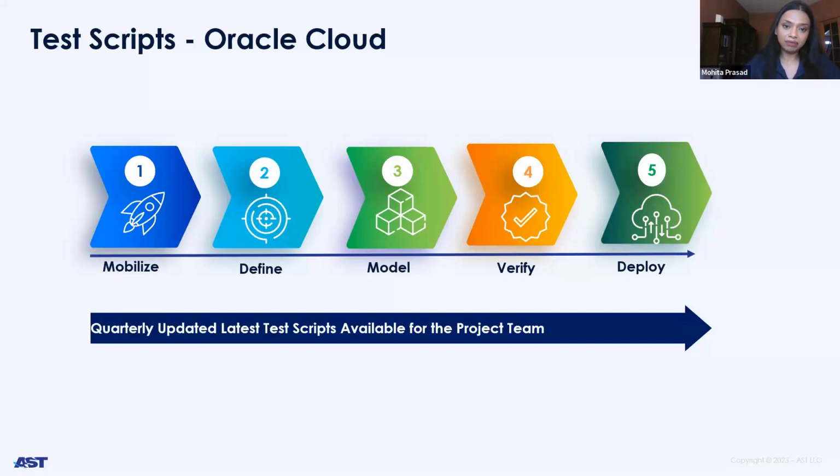We maintain a summary of that, and we make sure that our implementation teams are made aware of that so that they can make those changes in their document. And we make sure that they always have the most updated scripts available through all stages of the project.